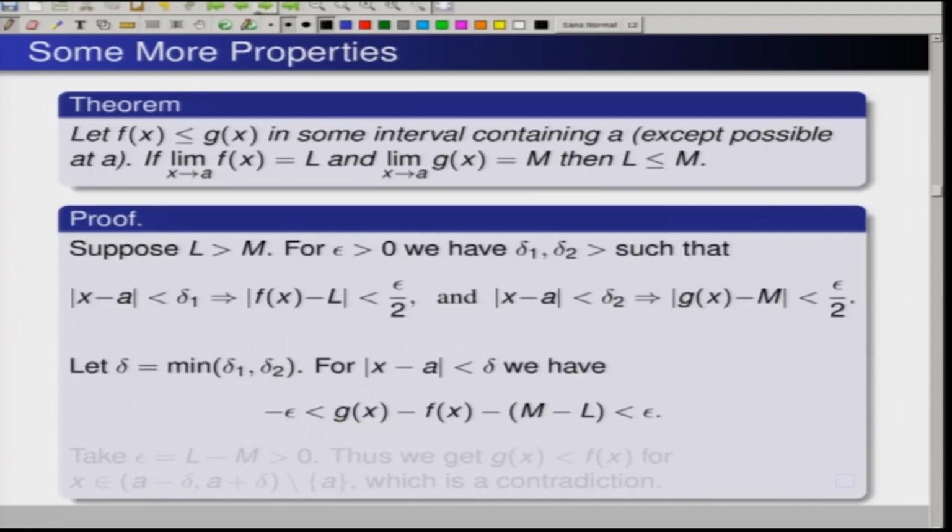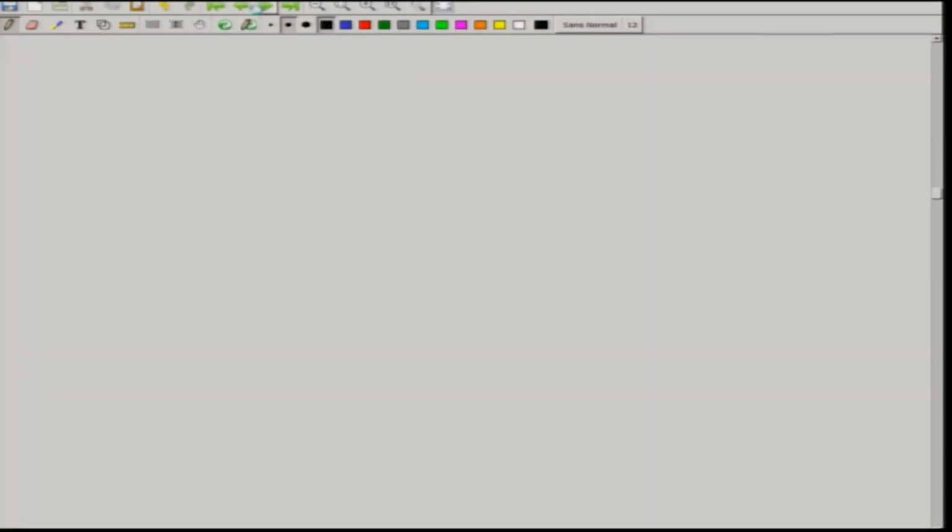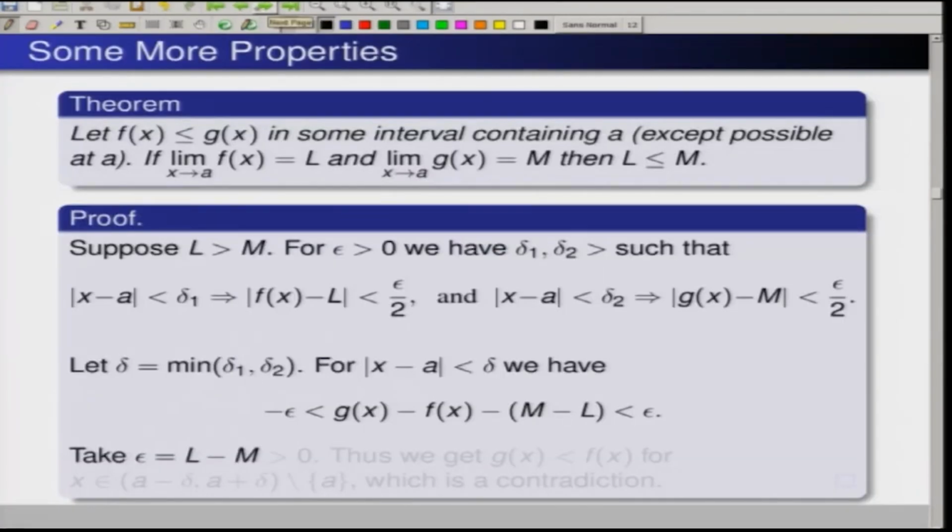Okay. So, for the time being, what we have assumed, we want to get a contradiction. So, now take epsilon to be L minus m. We have assumed that L is bigger than m. Therefore, this is the epsilon which is positive.